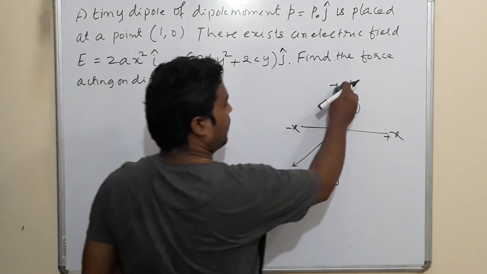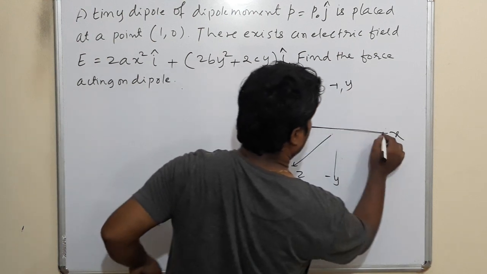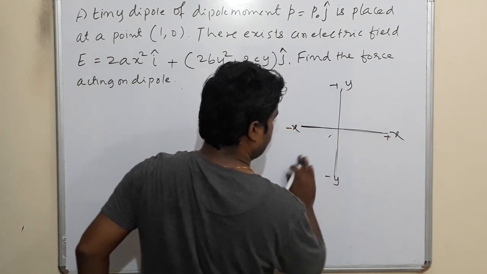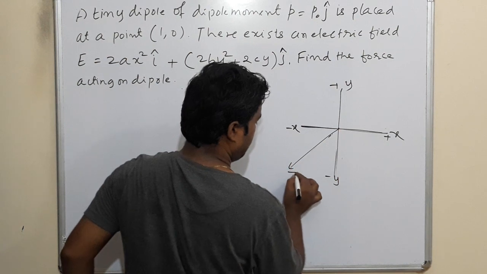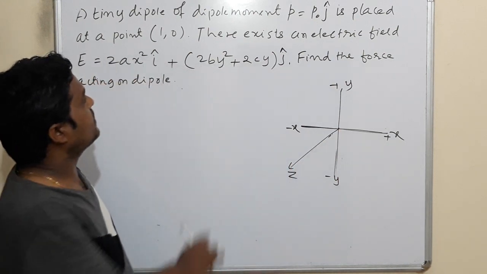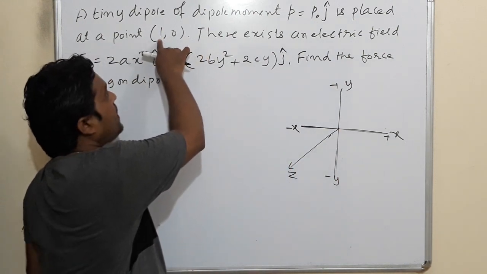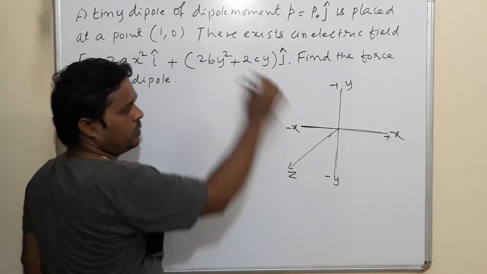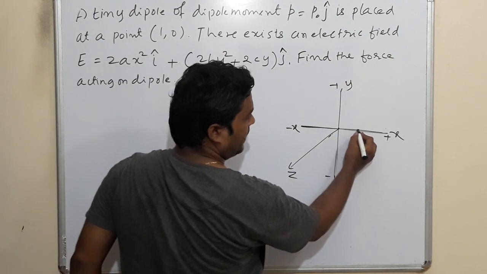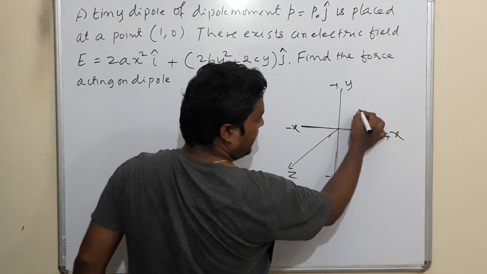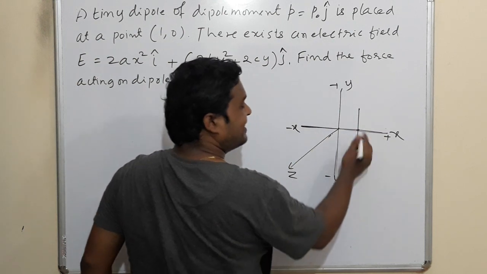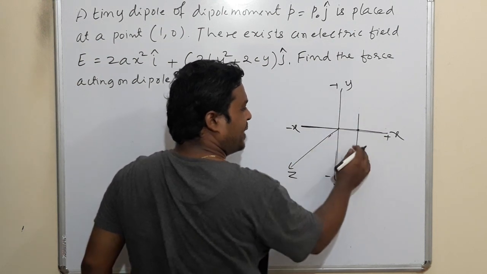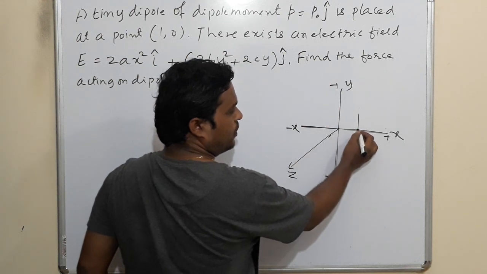At the point (1, 0), we will get an idea where that point will be. See, this is the z axis. The dipole is placed at (1, 0). The x coordinate is 1, the y coordinate is 0. That means it will be somewhere here. This point is (1, 0). The dipole is placed here, meaning the midpoint of the dipole will be on this point.